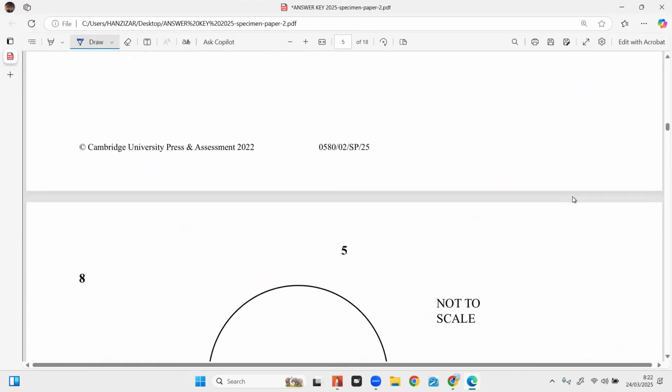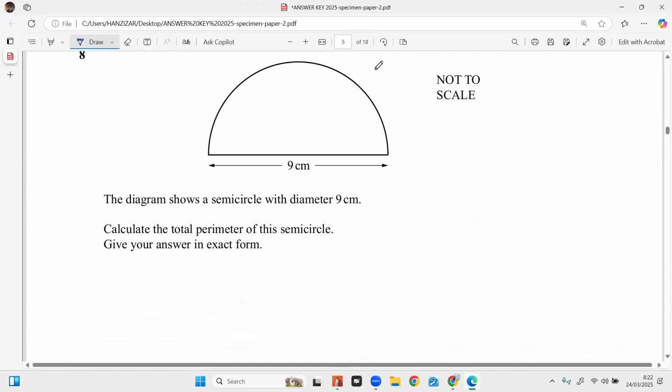Okay, next. Some of the working you might get minor mistakes here, but it's not totally wrong. Calculate the total perimeter of this semicircle. So first thing first, you need to count all the curvy part here, which is half of the circumference.